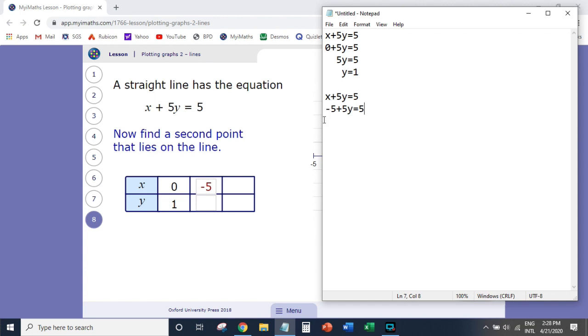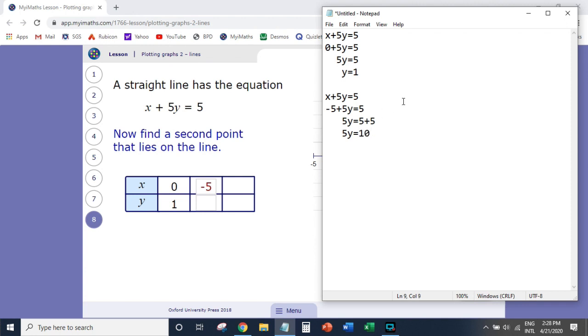So I will do +5 right here to eliminate this -5, and also +5 right here. So the remaining is 5y because the -5 is eliminated, and here it becomes 5 plus 5. Again, simplify. 5y equals 5 plus 5 equals 10.